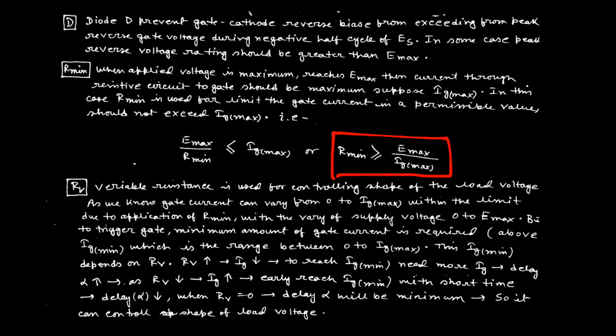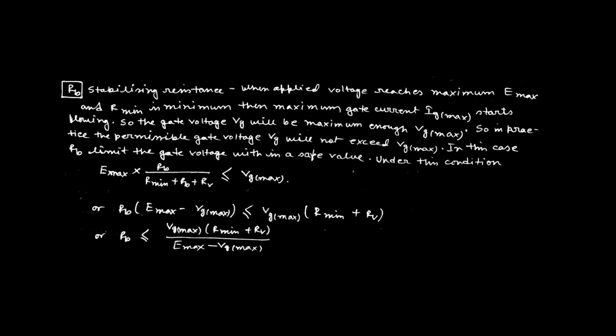So we can write the expression in the similar way: VG max equals E max into RB divided by Rmin plus RB plus RV.